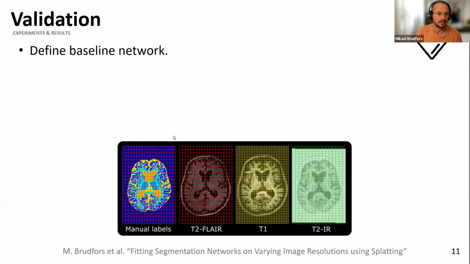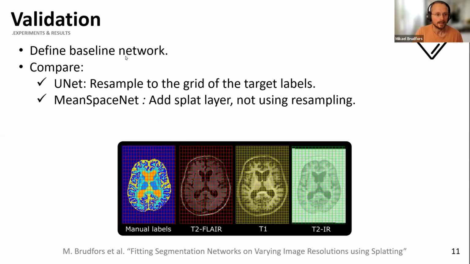Okay, so to do this, we defined a baseline network. This was a simple UNet with a dice loss and quite standard. And then we had two methods of using this baseline network. One, which we call UNet, was just to resample all the images beforehand as a pre-processing step to have the same dimensions, 192 cube. Another one, which we call mean space net, is to integrate these splat layers, so there's no resampling needed, basically.